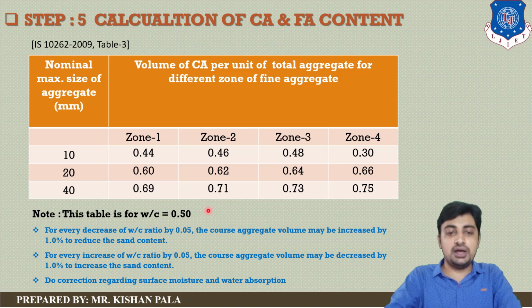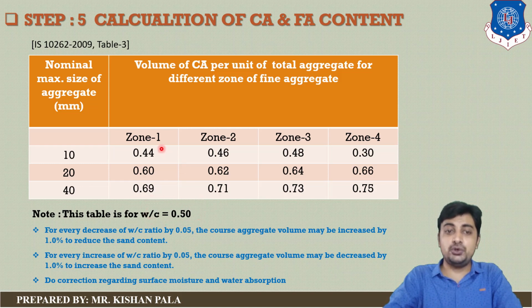For example, you are using the 45 percentage water cement ratio. It means you decrease the water cement ratio by 0.05. In that case, you have to increase the coarse aggregate volume, so you take 0.45 for the coarse aggregate and the remaining portion for the fine aggregate. And if you increase the water cement ratio, for example, you are using the 55 percentage water cement ratio, it means you are taking the value of the water cement ratio equal to 0.55.